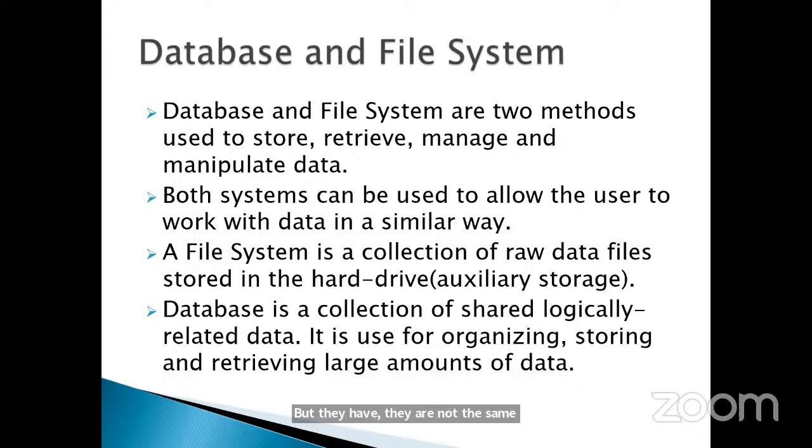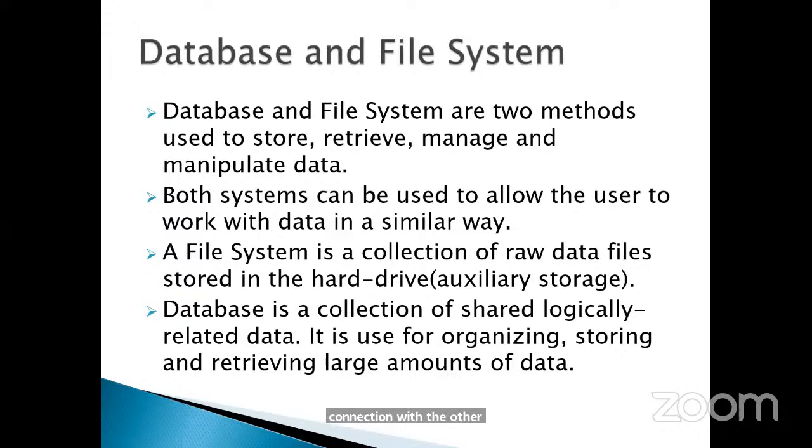The difference comes with the structure. Microsoft Access is relational. That relational is very important. It's a relational database. What it means is that different files can have a connection with each other.